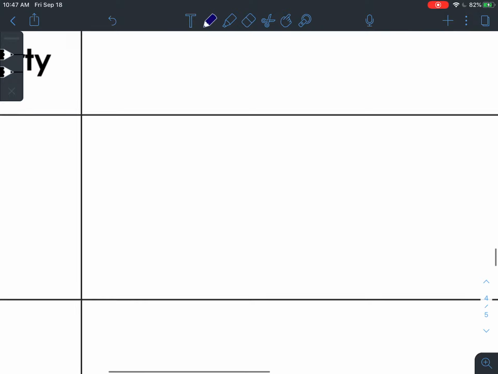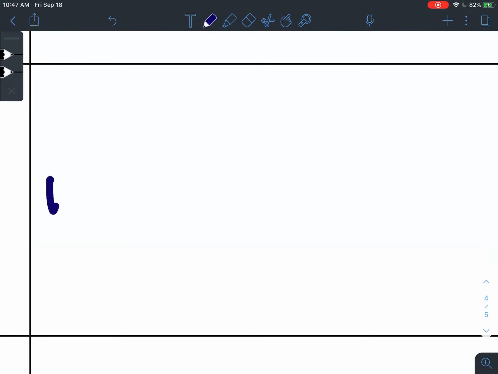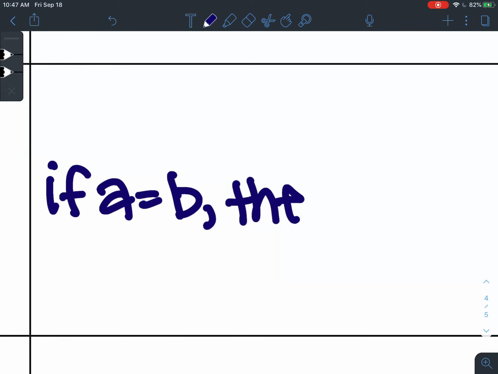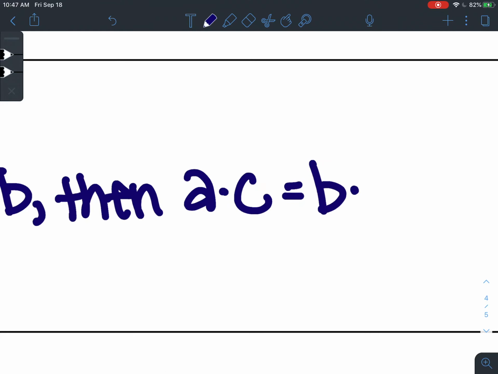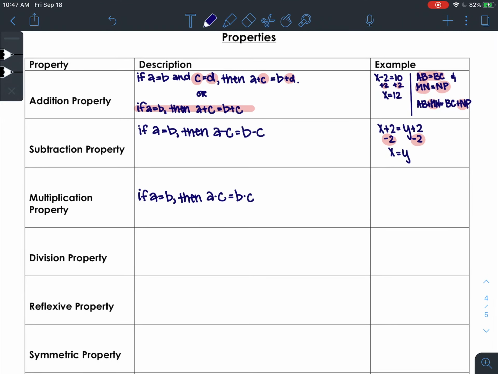Now, for multiplication property, it's the same idea, all right? I'm going to do if A equals B, then A times C is equal to B times C. And I'm not going to show an example for that because it's the same idea.